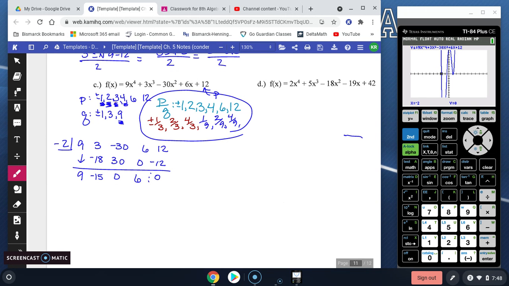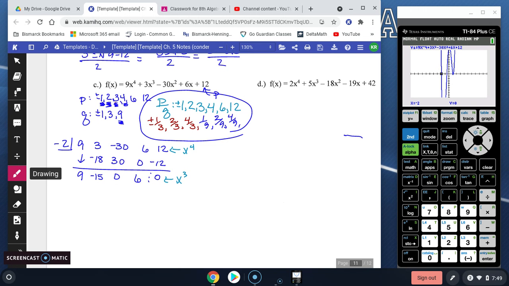Okay, so look, we started with a quartic this time, x to the 4th power. So we found a solution, and that takes us down to a cubic. In order to get it down far enough so we can factor it, we need another root so we can get it down to a quadratic.